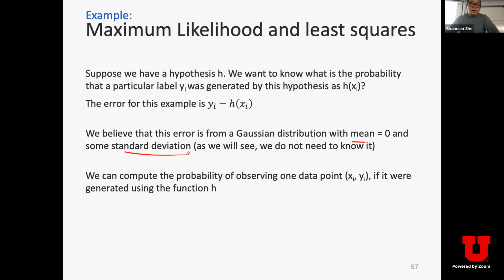At this point, let us assume we do not know the standard deviation of the Gaussian distribution of the noise. Then we can compute the probability or likelihood of observing one data point, xi, yi, if it were generated using our hypothesis h.